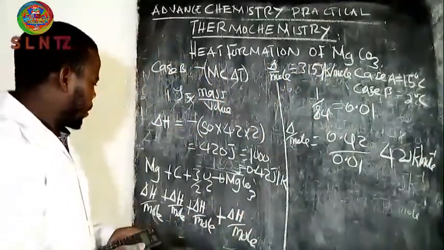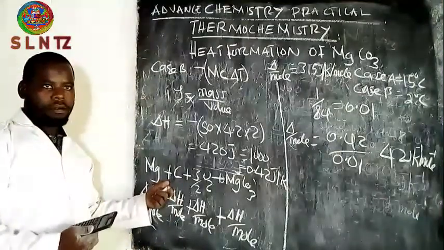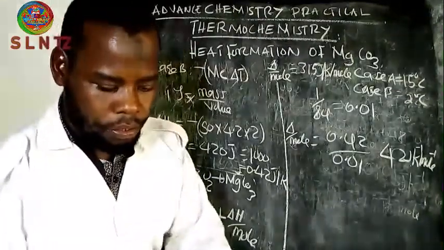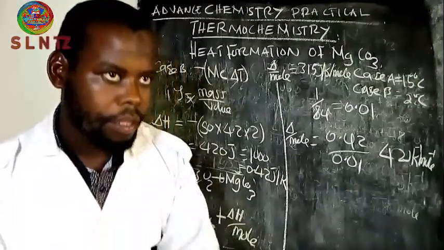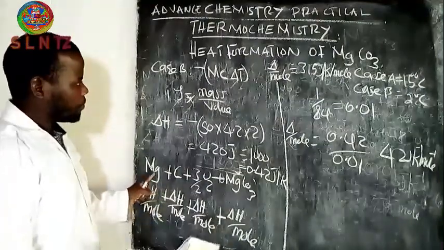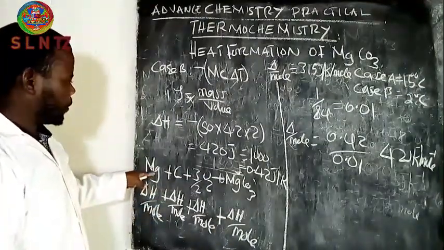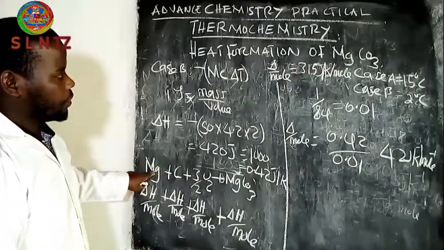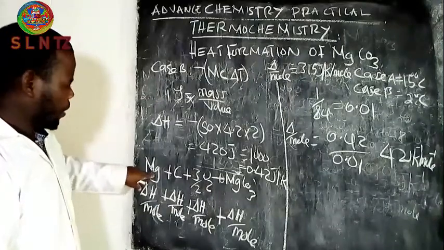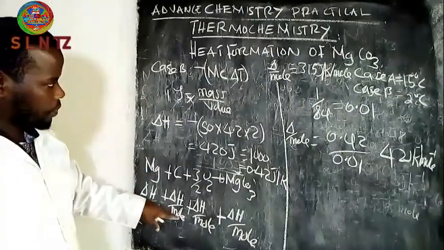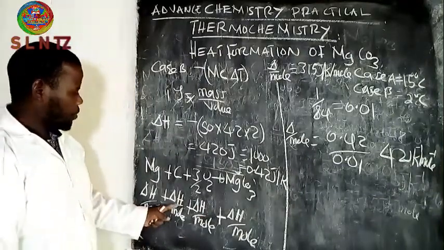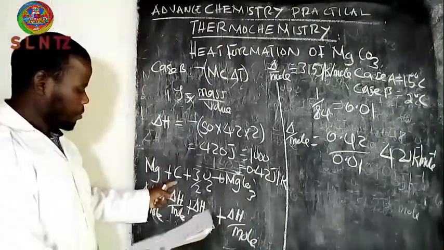So when we recall the previous reaction, now we have a molar heat for magnesium for the first, right? We have this one for hydrogen, and we have been provided for carbon.